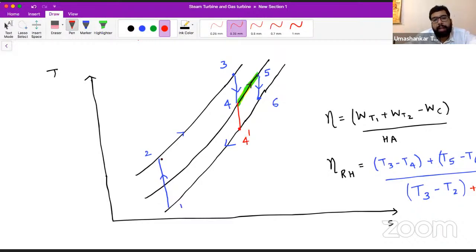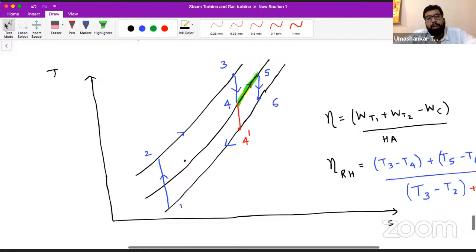So this is our ideal cycle 1, 2, 3, 4-1. 1, 2, 3, 4-1 is the ideal one, and 1, 2, 3, 4, 5, 6, 1 is our reheater one. So our cycle 1, 2, 3, 4-1 is the cycle without reheater, and our 1, 2, 3, 4, 5, 6, 1 is the cycle with reheater.